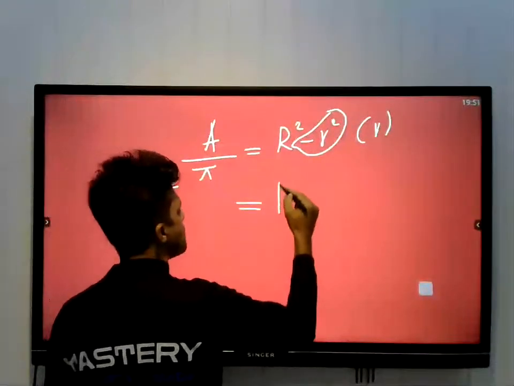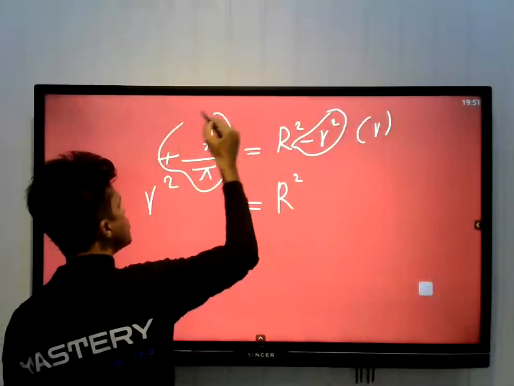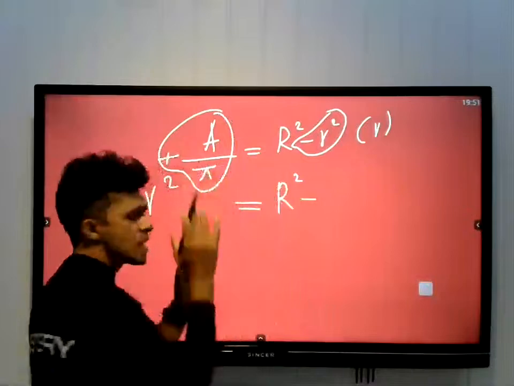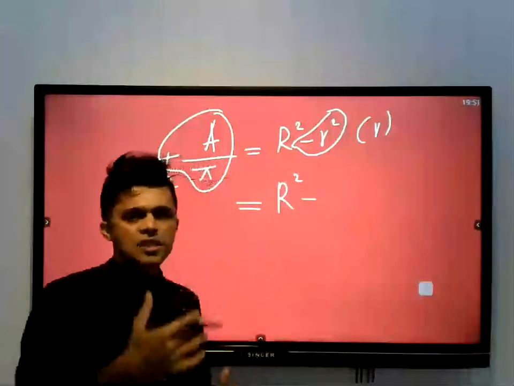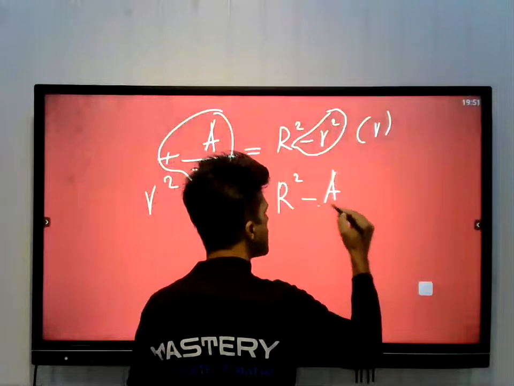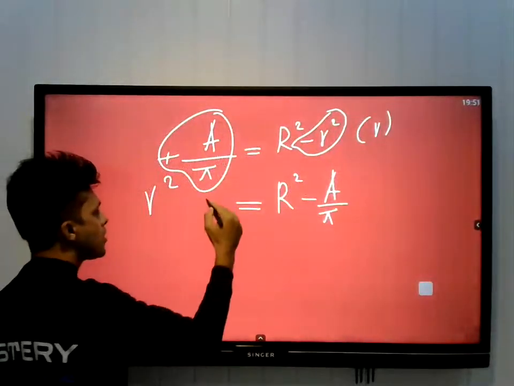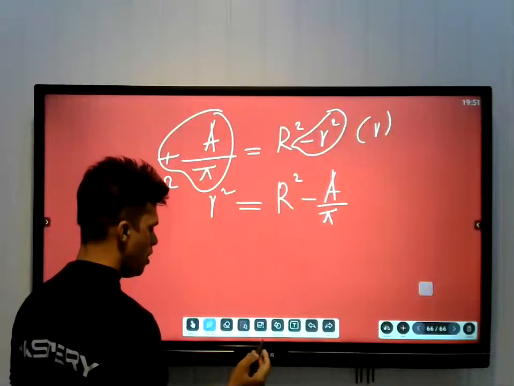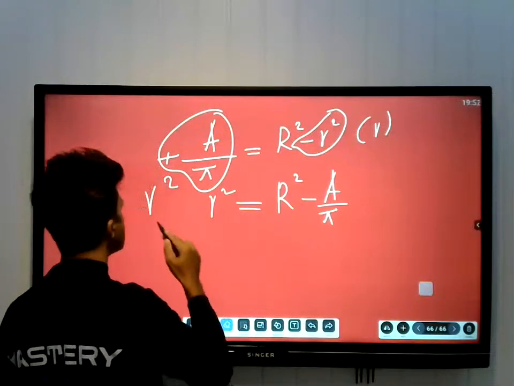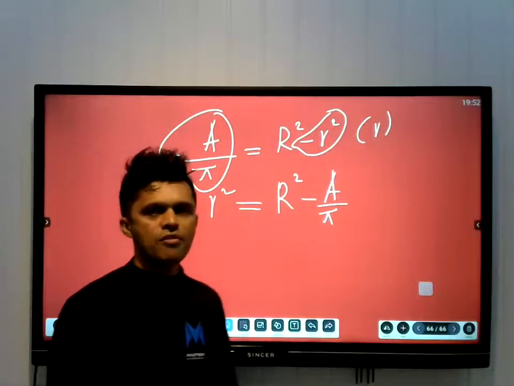And here capital R square. So plus A over 5 becomes minus A over 5 when it comes to the right side, to this side. Now R square equals to capital R square minus A over 5.